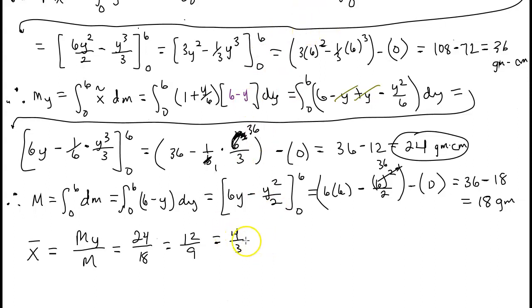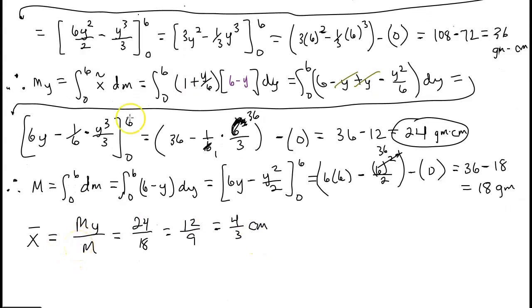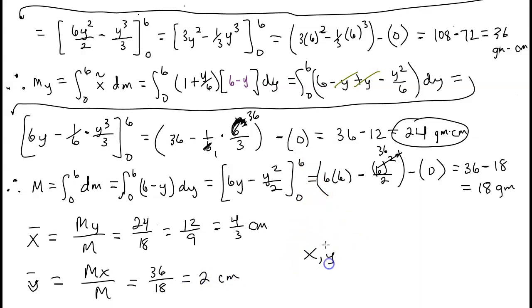So this is actually a length. And of course, y bar would be the moment about the x divided by system mass. And this would be 36 divided by 18, which would be 2 centimeters. And thus the centroid would be 4/3, 2 at that particular location there.